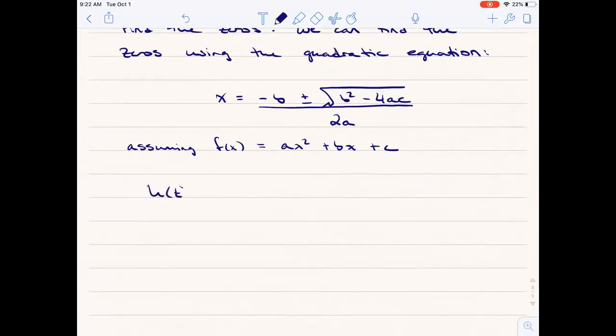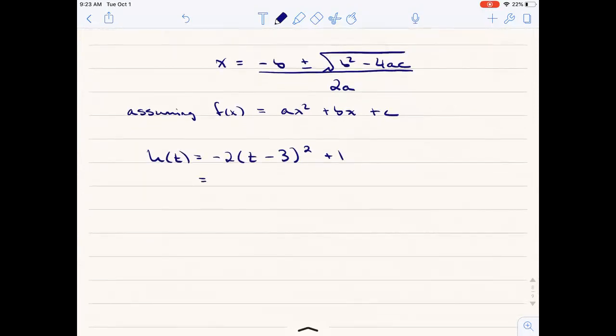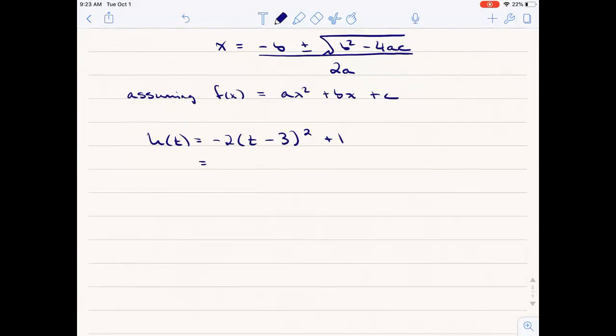So h of t was negative 2 times t minus 3 squared plus 1. So I've got negative 2 times t minus 3 times t minus 3 plus 1. I always write them out like this, because then it's easier to see how to FOIL it out and expand.